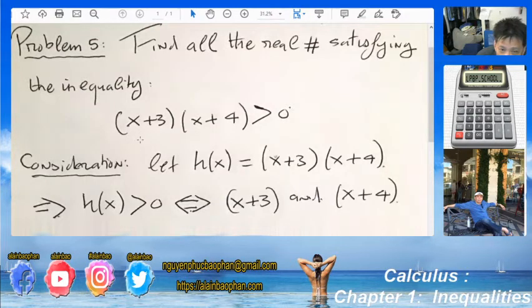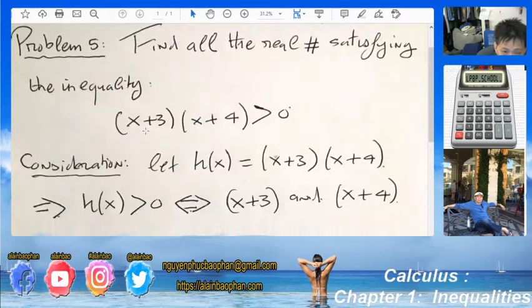Suppose you have minus 3 times minus 4, it will equal plus 12, right? So both are minus. Or plus 3 times plus 4 equals 12. That will make the left hand side greater than 0.